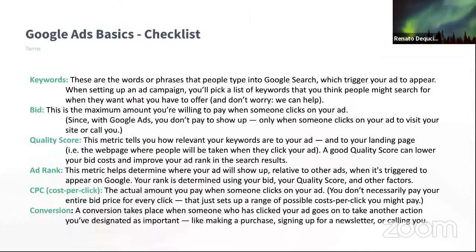Before you get started, there are a few fundamental things you need to understand about Google Ads, and this is a checklist with the terms in it. Keywords, which are very, very important, are the phrases you will use in your ads to target specific people. A keyword could be anything like "dentists near me".